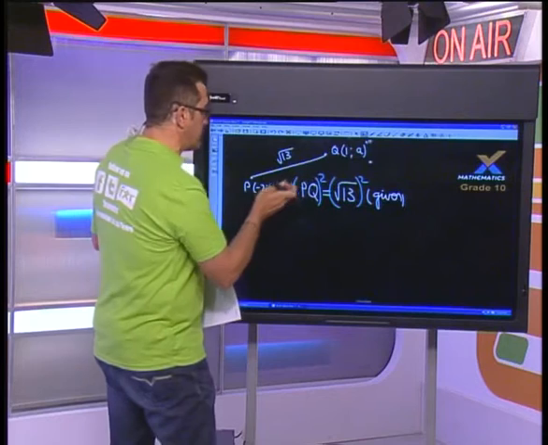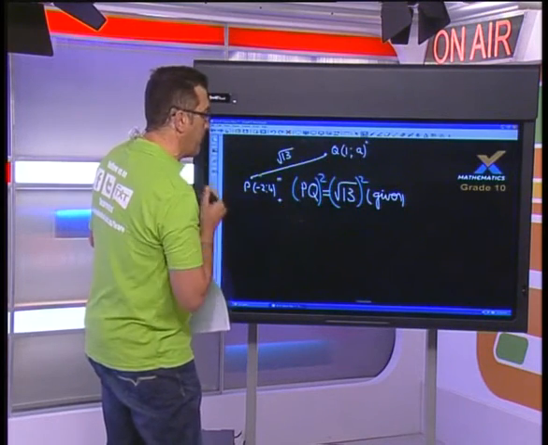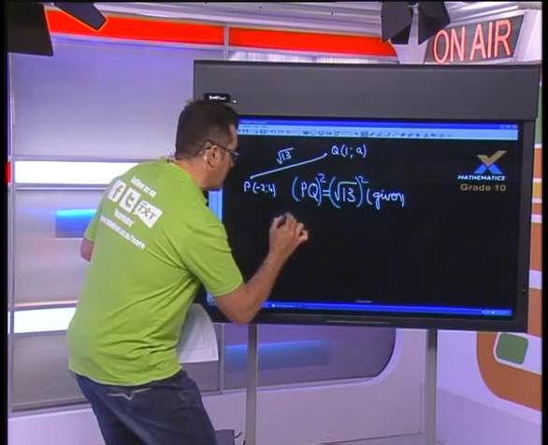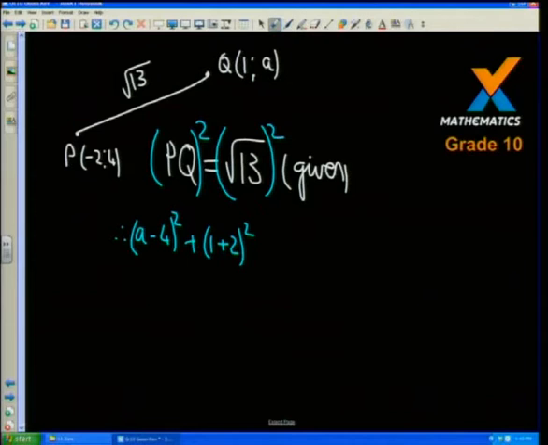It's the difference in the y's that are squared. So if I look at that, it's a minus 4, a minus 4 all squared, plus the distance between those x values. Be careful. 1 minus minus 2 is 1 plus 2, all squared. And that is the other side squared, which is 13.